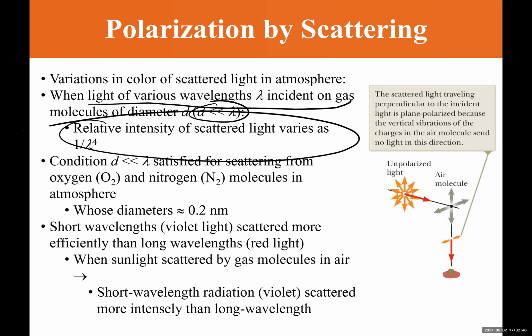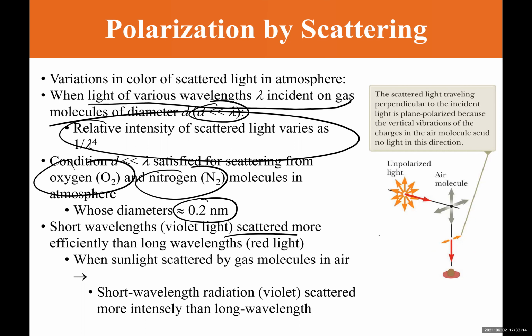We have oxygen and nitrogen molecules, and their diameter is roughly about 0.2 nanometers. So the light has to be comparable to that in order to be absorbed. That's why violet, being the smallest wavelength, is absorbed and re-emitted more, so basically scattered more.